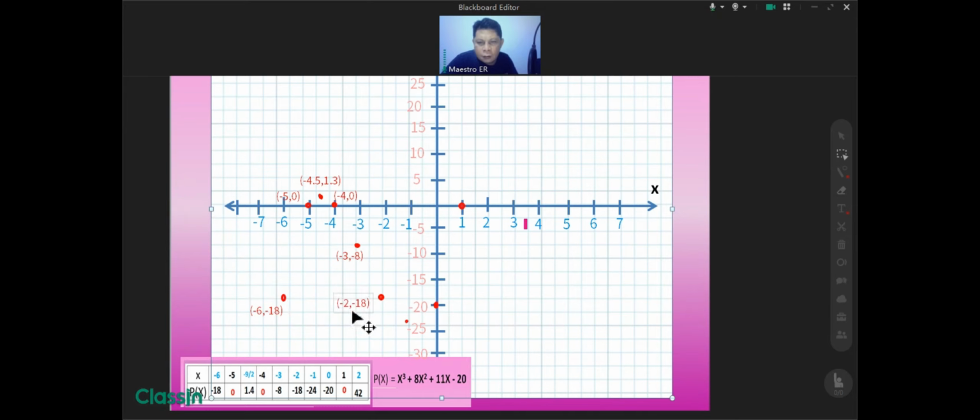And this is negative 2 and negative 18. This is your negative 1 and negative 24.